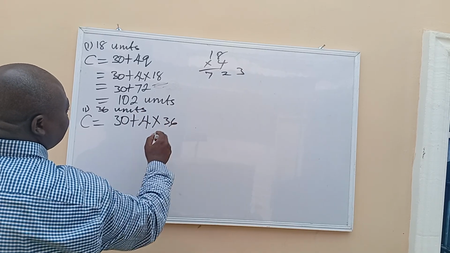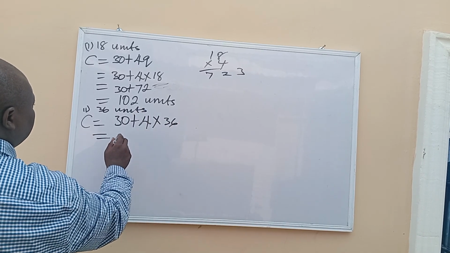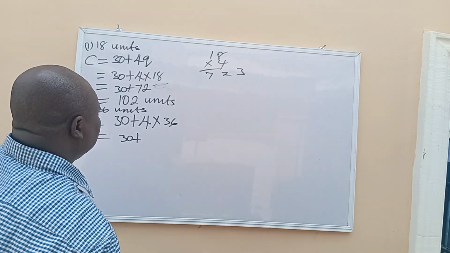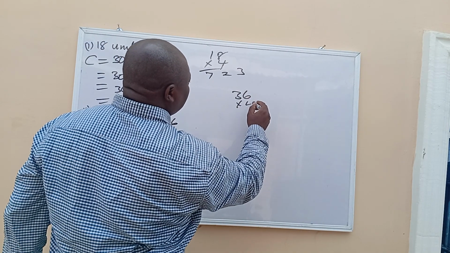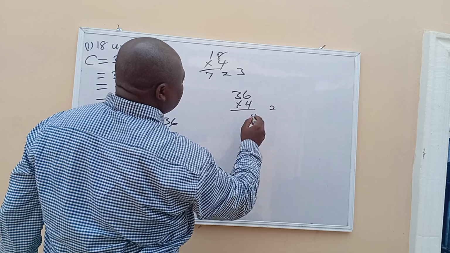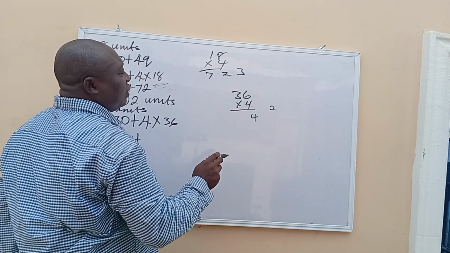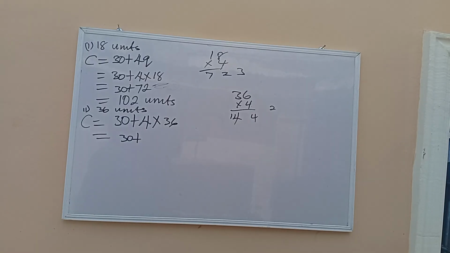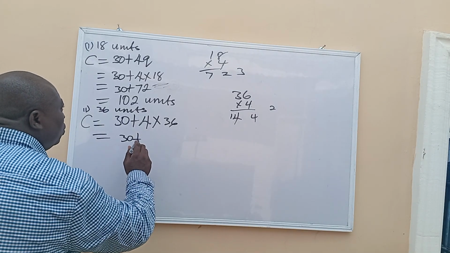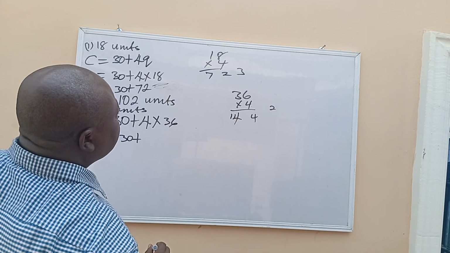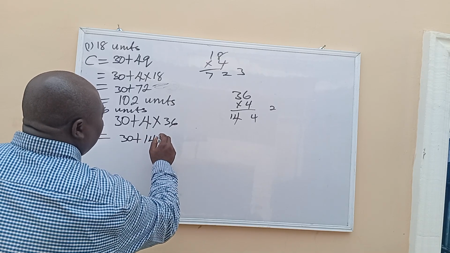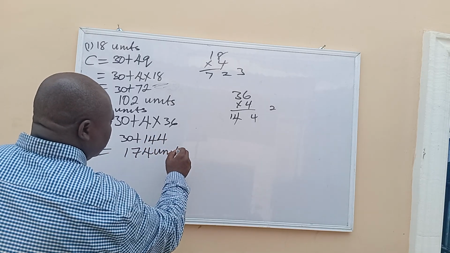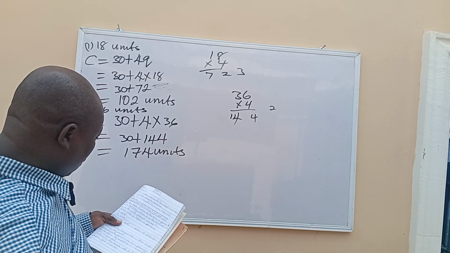So 36 times 4 is what? 4 times 6 is 24, keep 2. 4 times 3 is 12, plus 2 is 14. Correct. So it is 144. Add it together with 30, that is 174. So that is A.